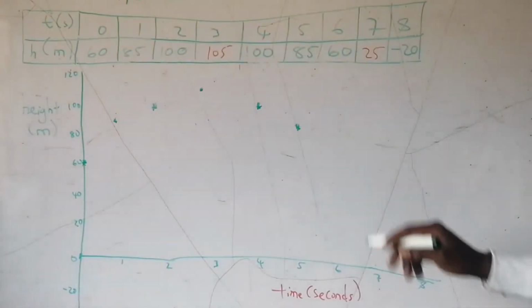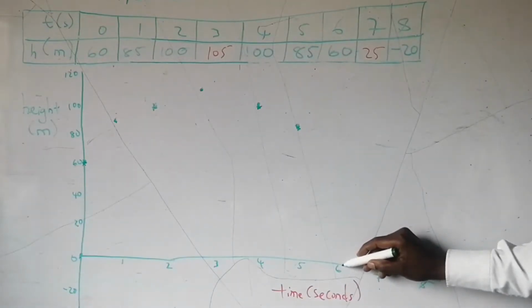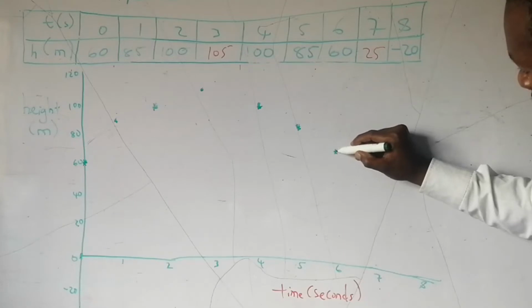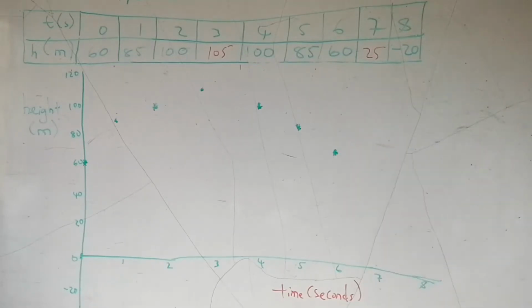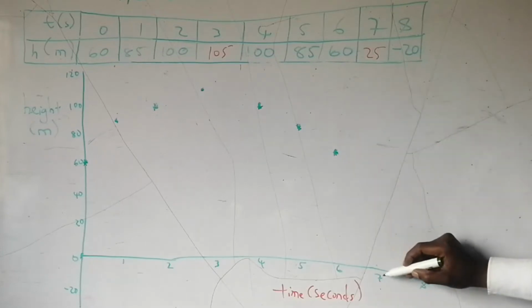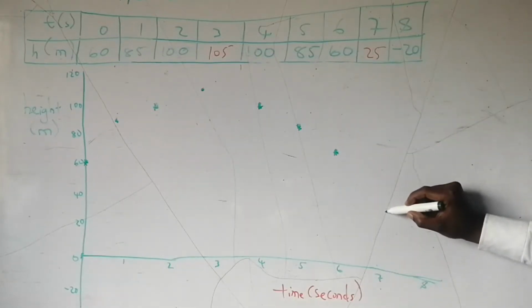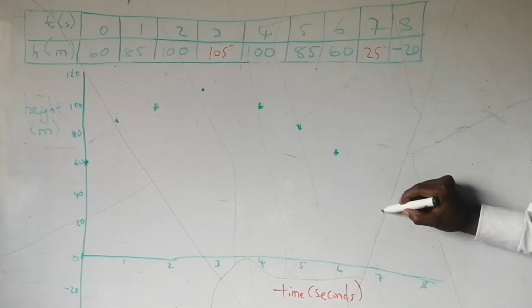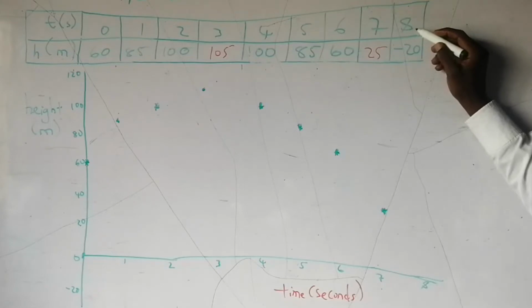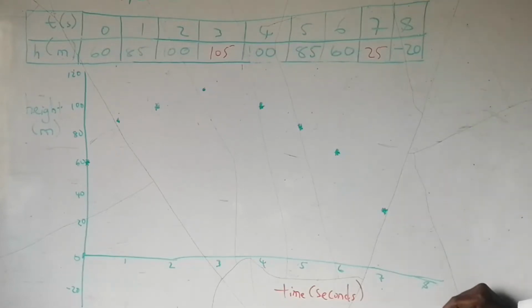Then t is equal to 6, h is equal to 60, t is equal to 7, h is equal to 25, somewhere here. T is equal to 8 and h is equal to minus 20 at this point.